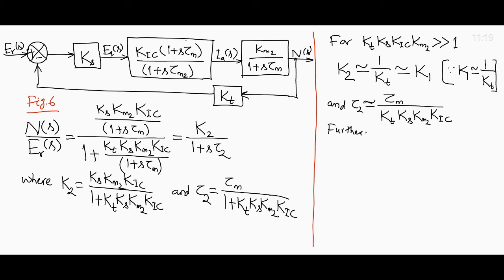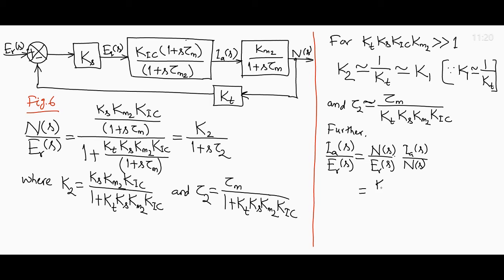Further, the transfer function IAS by ERS is Ns by ERS into IAS by Ns. So this is Ns by ERS we have just derived.